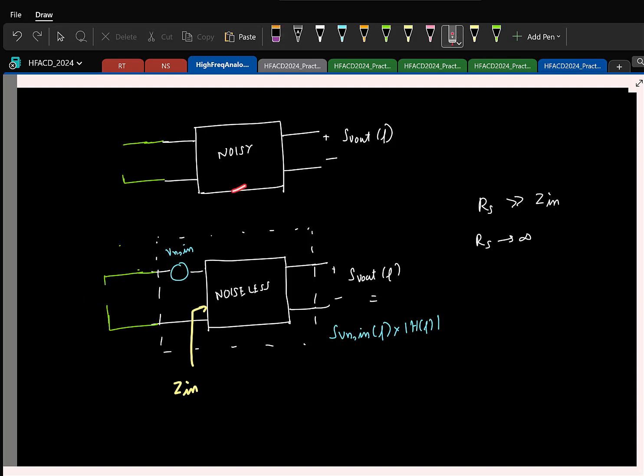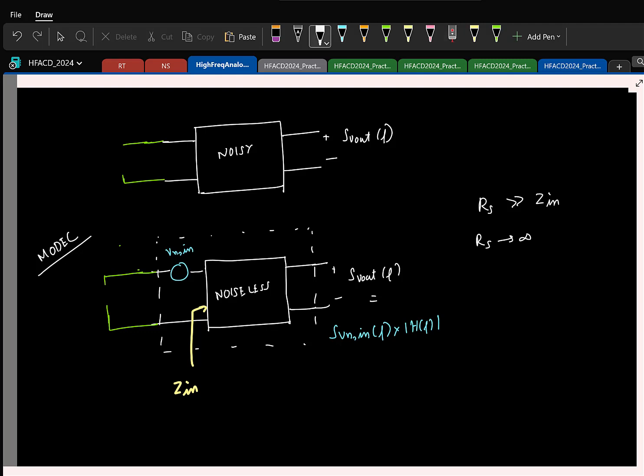If Rs is infinity, the noise sources here will still generate some noise here. That's what is happening in the actual network. But this is our model. Remember, we have modeled the noise like this. In our model, now you see that this is open. So what can you say about the noise here? It appears as though nothing is coming, right? But that's definitely not the case. This is happening because the way we have modeled is not sufficiently good. Our model works very nicely if my source resistance is 0, or my input impedance is very large.